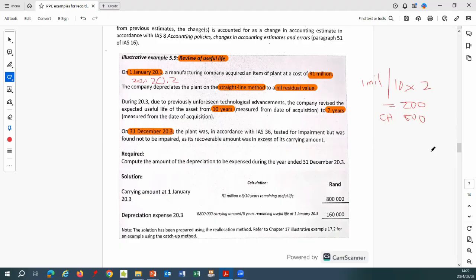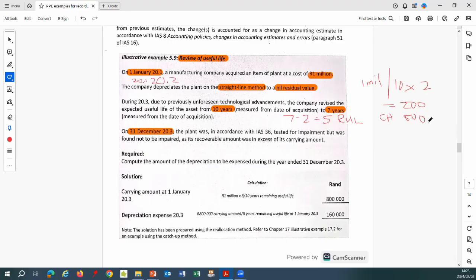At the point where my carrying amount is sitting at 800, then I revised my total useful life to 7 years. Very important. That 7 years is not my remaining useful life from today. It is my total useful life. So I need to say 7 years minus the 2 I've already used it for gives me my 5, and that is my remaining useful life.